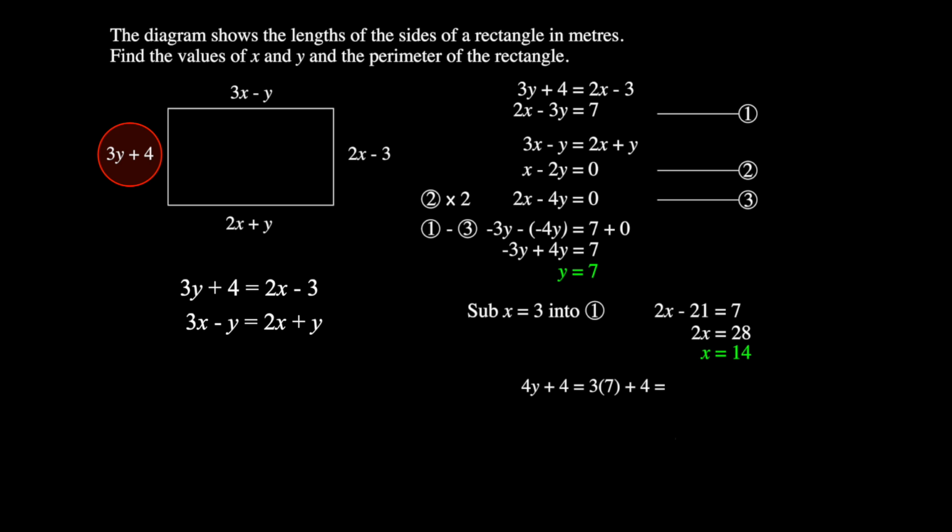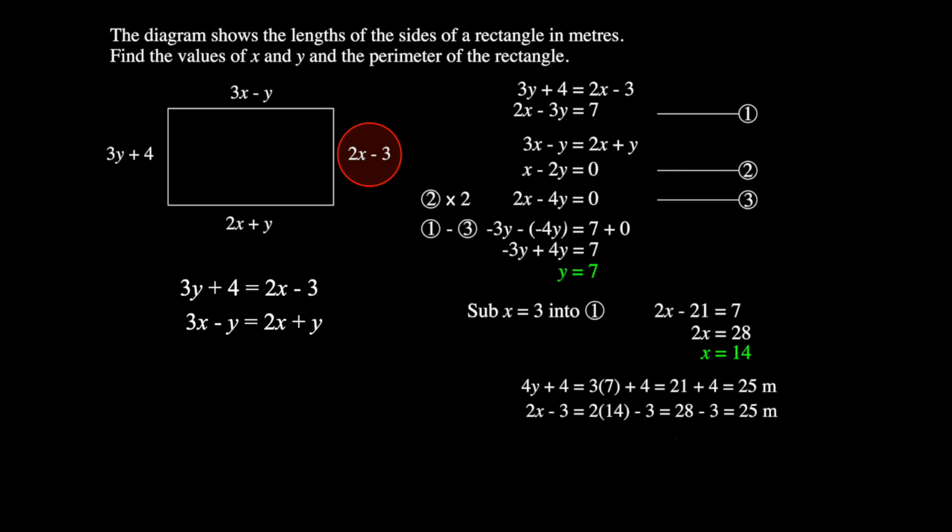So we have 3 multiplied by 7 add 4, which is equal to 21 add 4, which is equal to 25. Now let's substitute x into 2x subtract 3, that's this side here. So we have 2 multiplied by 14, subtract 3, which is equal to 28, subtract 3, which is equal to 25. So the good news is that our two short sides are of equal length, which is 25 meters each.